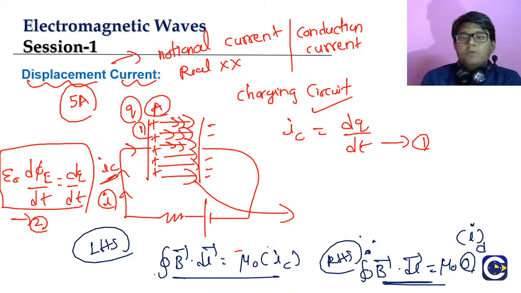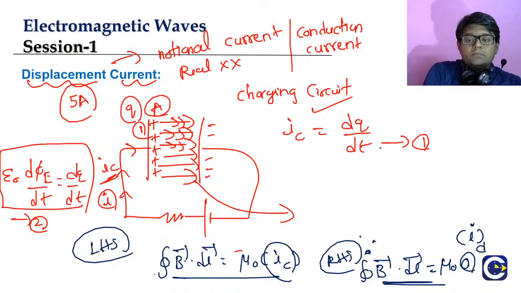That is going to be called the displacement current. Because the LHS magnetic field is equal to the RHS magnetic field, the mu naught into I term should be numerically equal to the current on the left hand side.